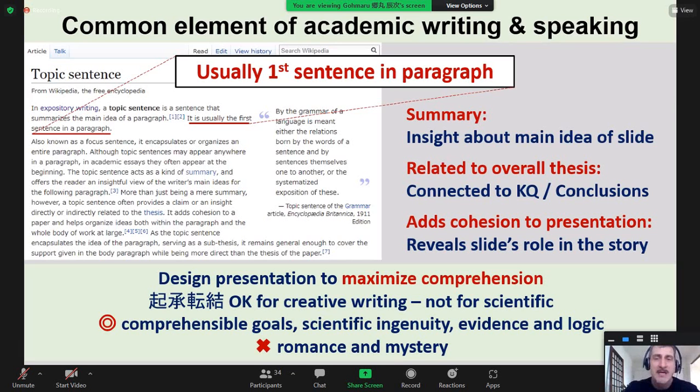But for the rest of it, please forget about this writing style that you learned in school. So my Japanese students often feel a very strong resistance to putting the conclusion first, because they were taught you don't do this. But for scientific presentation, for scientific writing, it's the opposite. Our goal is not literature, it's to maximize comprehension.